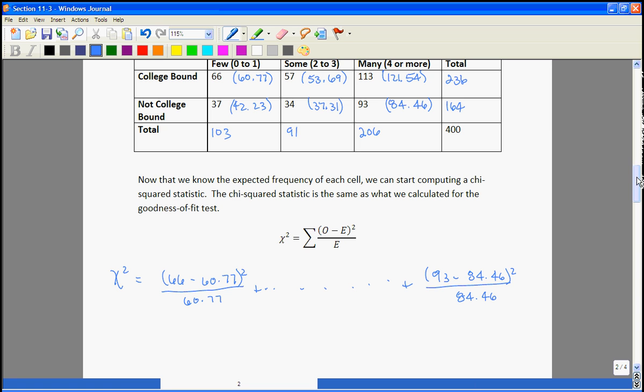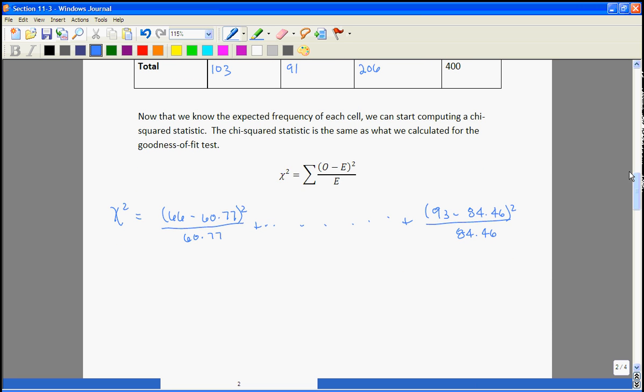So if you let your calculator help you out, you would type in all the observed values in one column, all the expected values in another, making sure that the observed matched up with their respective expected value, and then do the formula on them as I showed you in the video: O minus E squared divided by E. Depending on how you put it in your calculator, it'd be list 1 minus list 2 squared divided by list 2, and then add all those up, and I'm getting a value of 3.059. That's my test value.